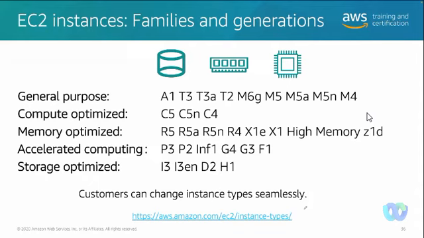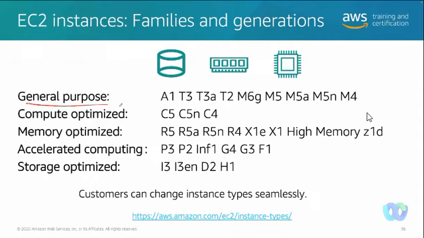There are several of them, and they have different characteristics. So let's begin with the very first one, general purpose. As the name implies, this one has a well-balanced set of resources, memory, CPU, network bandwidth, as well as disk performances. All right, so it's a well-balanced set of resources. So that's ideal for most workloads.